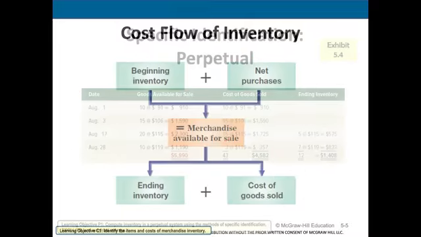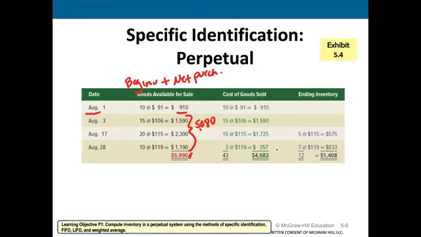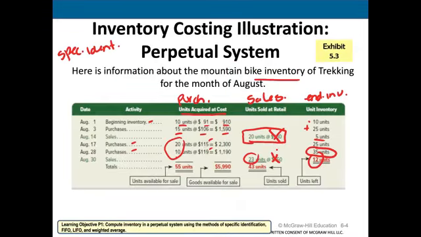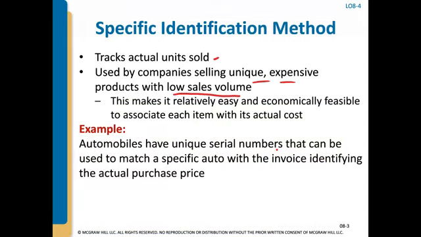The specific identification is just like it sounds. We specifically identify the cost of each item that we sell to the amount that we paid for it. On August 1st and 3rd, we purchased 10 and 15 units, and then on August 14th, we made our first sale of 20 units.